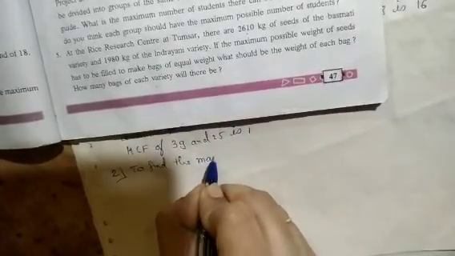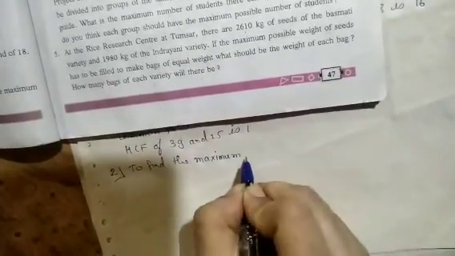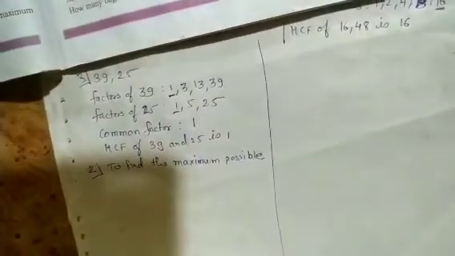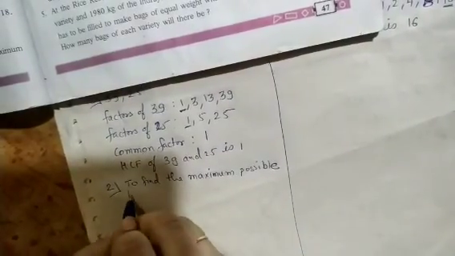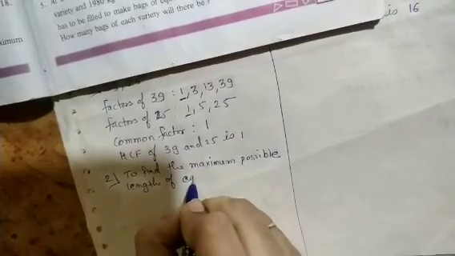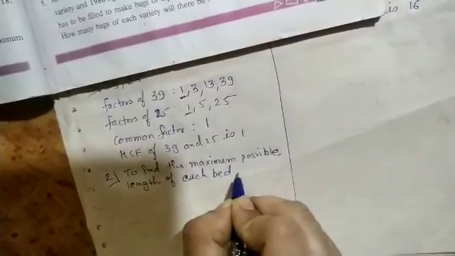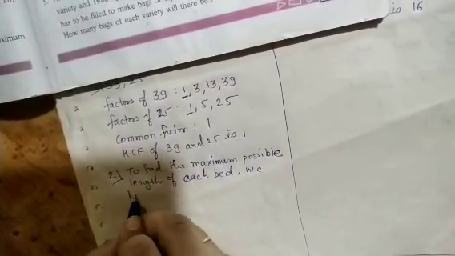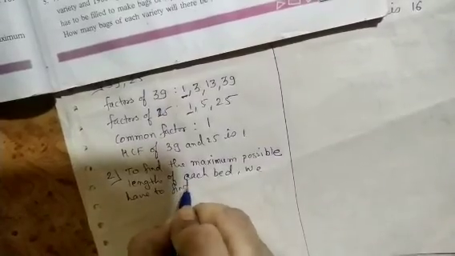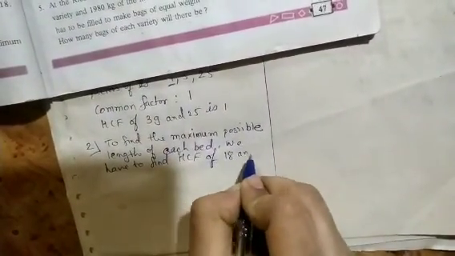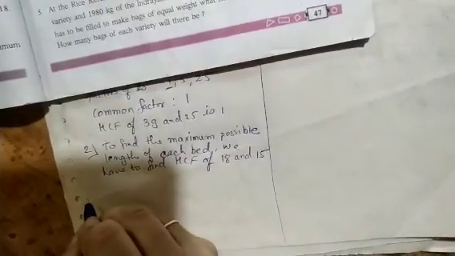Find the maximum possible length of each bed. We have to find the HCF of which numbers? That is 18 and 15 meters.